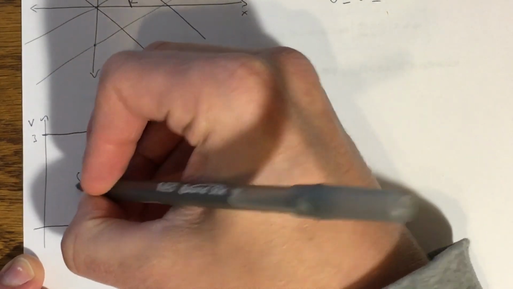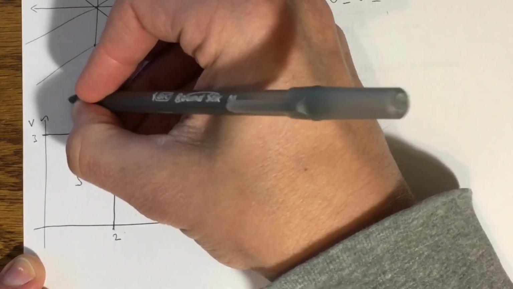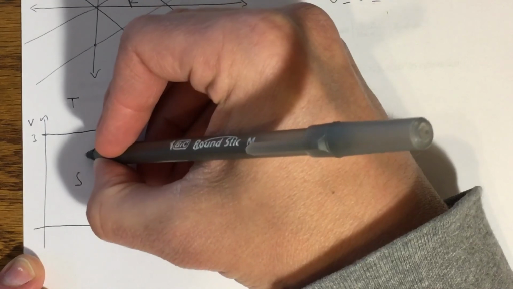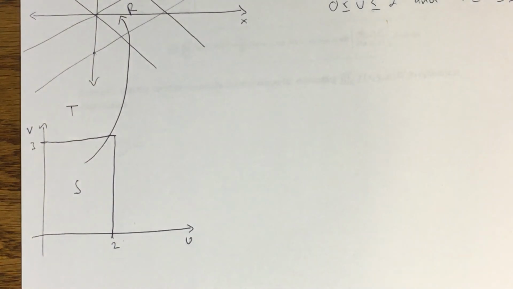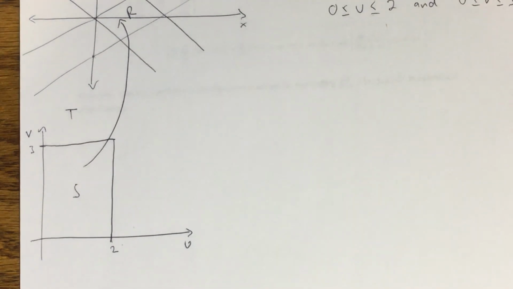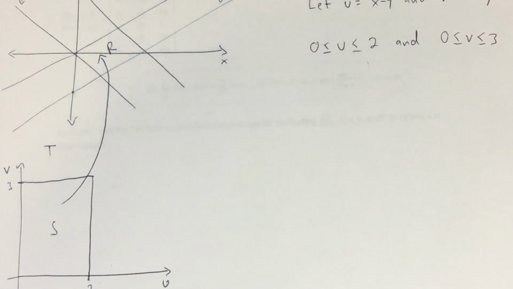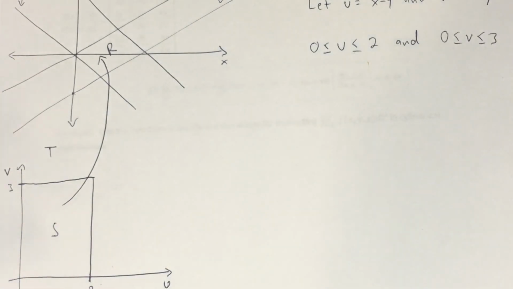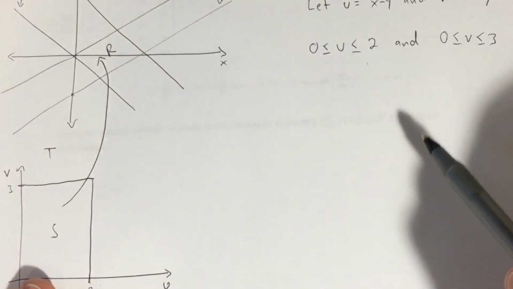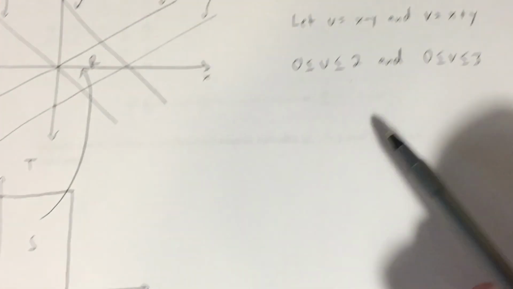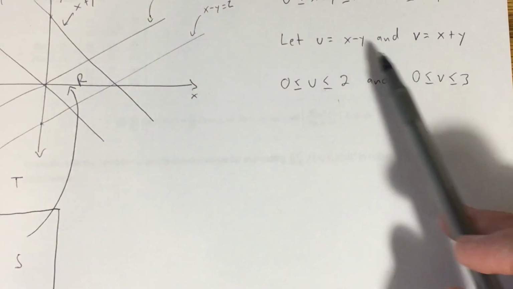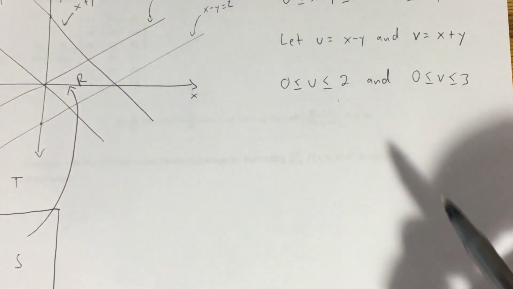So I would be calling this region S, and what we want is a transformation that takes S to R, maps S onto R. So that transformation is going to be defined as functions of u and v that give me the x and the y respectively. In order to come up with those, I needed to treat this like a system of equations like we did in that previous example and solve for x and y in terms of u and v.